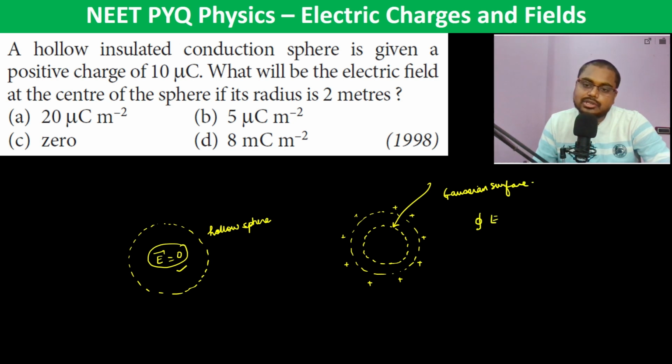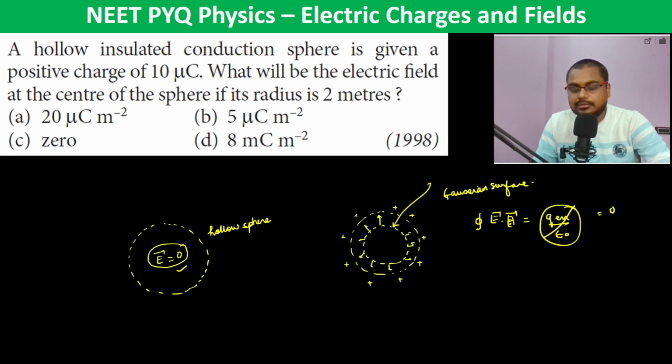The integration of E dot A is going to be Q enclosed divided by epsilon naught. Since Q enclosed is going to be 0, and the electric field is going to be radial because the charge distribution is symmetrical, the electric field times area is going to be 0. So the electric field becomes 0 inside a hollow spherical shell, and the answer is going to be C, that is 0.